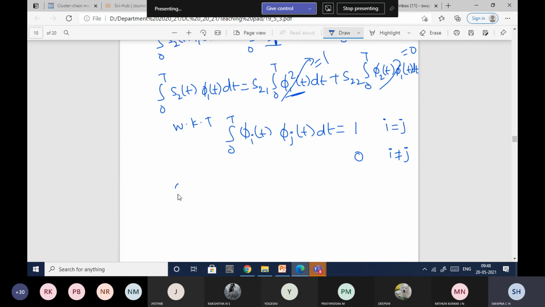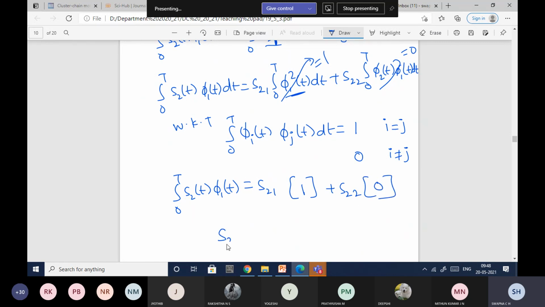Integral 0 to t s2 of t into phi1 of t is equal to s21 into 1, because it is phi1 square of t, plus s22 into 0.